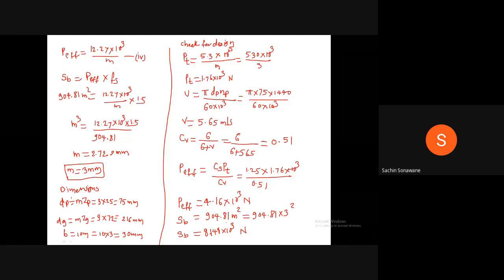Now calculate the factor of safety. Please write, those students who are not writing.